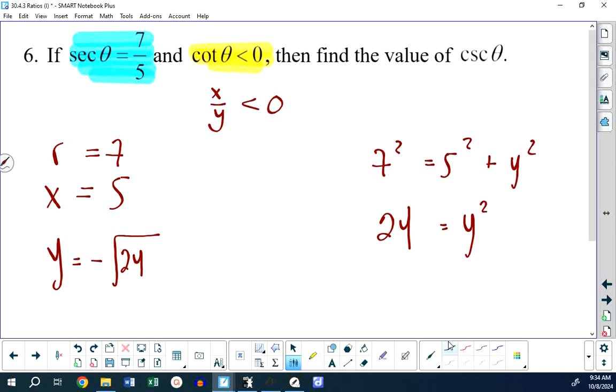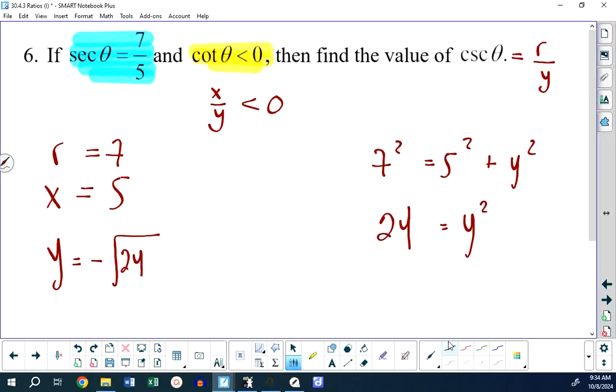So what is cosecant of theta? Well, isn't cosecant r over y? Just like really think that through. Cosecant is the reciprocal of sine. Sine is y over r. So the reciprocal of that is r over y.